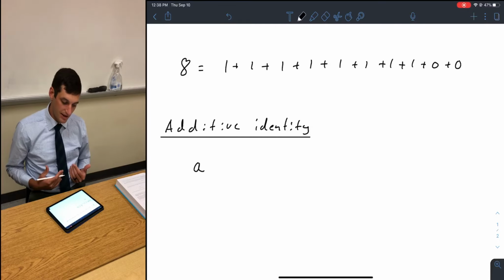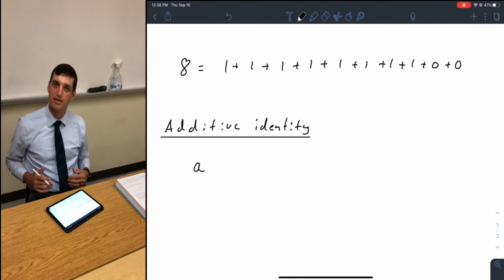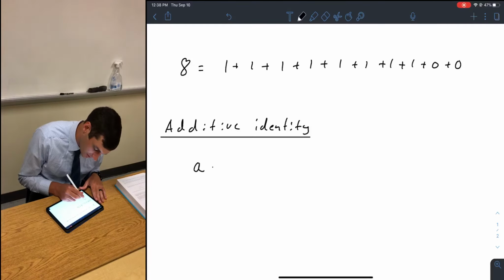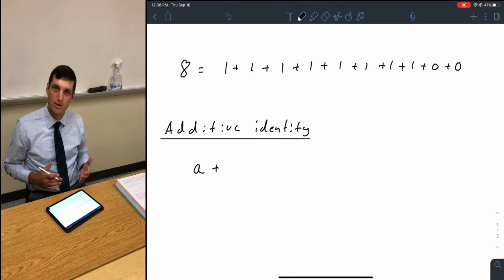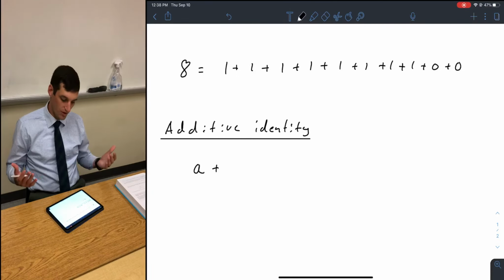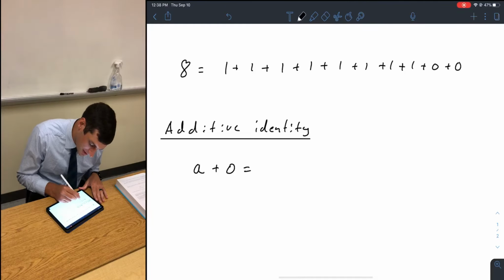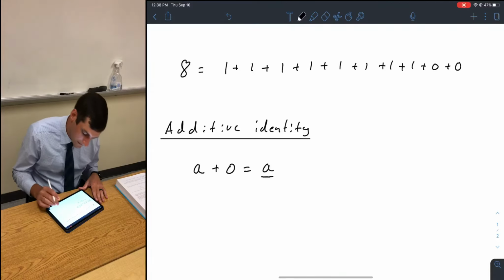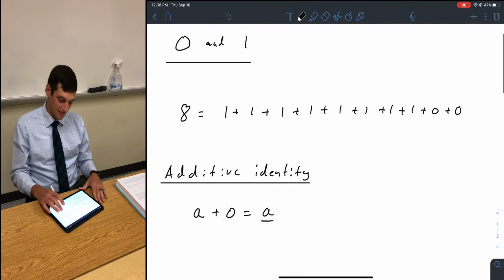Now, an additive identity means that I can add this number and nothing changes about the number. So what number could I add to any number and get the same number? Well, that happens to be 0. So A plus 0 equals A. Fascinating, huh?